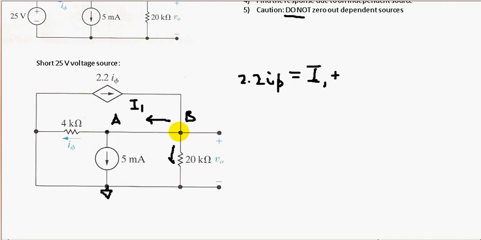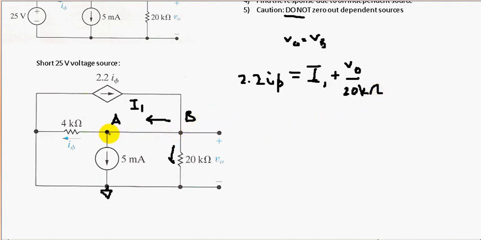You can see that VB is the same voltage as VO with respect to ground, so we can replace VB by VO. So this current going down is VO over 20 kilo ohms.